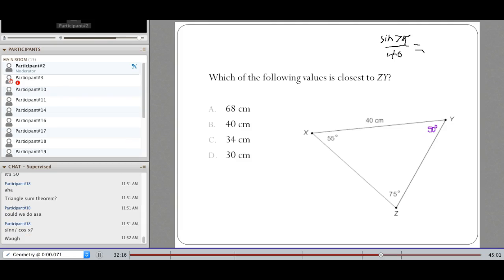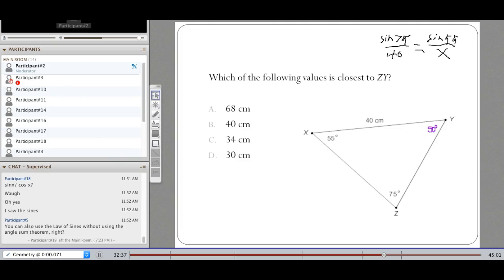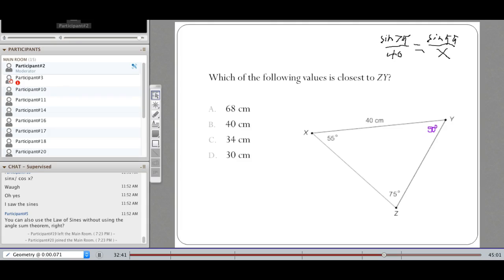You want to use the law of sines, and either one of those. You can use sine or cosine here, but not in the sense of trigonometry. The law of sines and law of cosines have a little bit more in them besides just sine and cosine. There's some stuff divided and all that kind of thing.